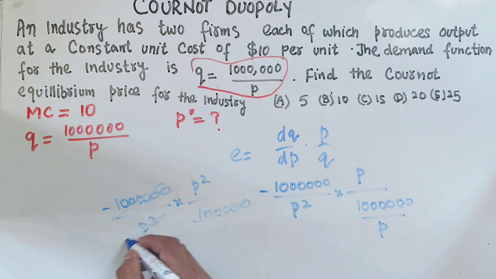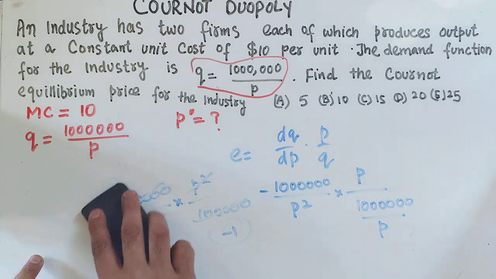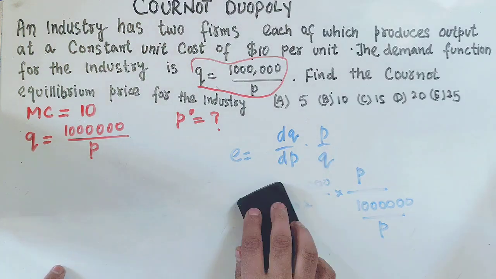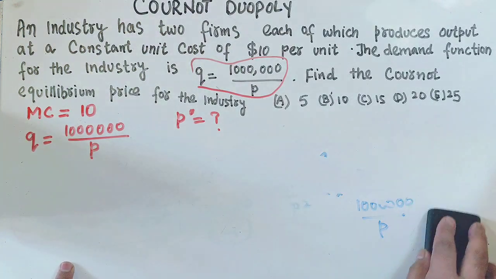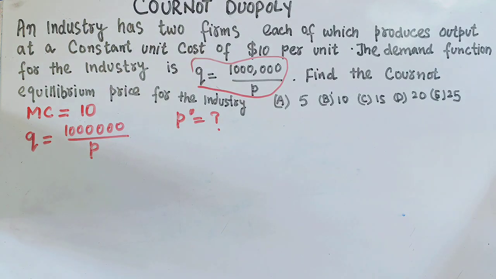This gets cancelled, this gets cancelled, so we are left with minus 1 as the price elasticity of demand. For any price, the elasticity of demand will remain constant.